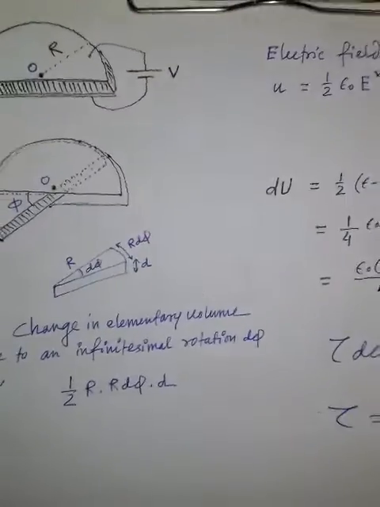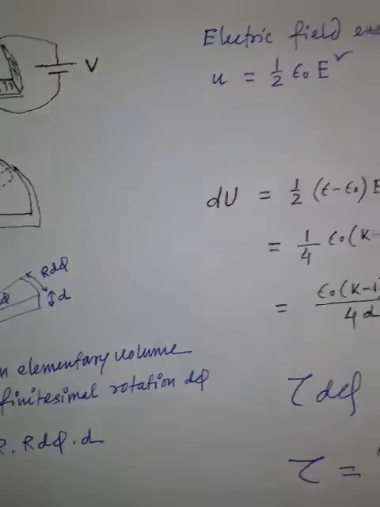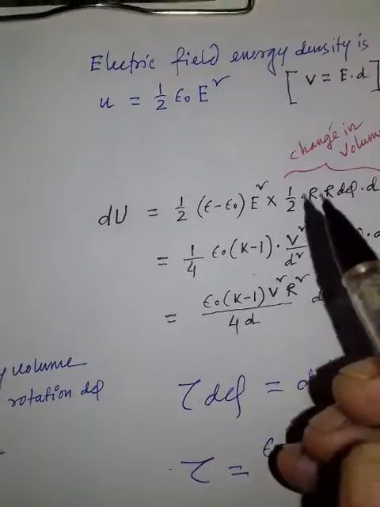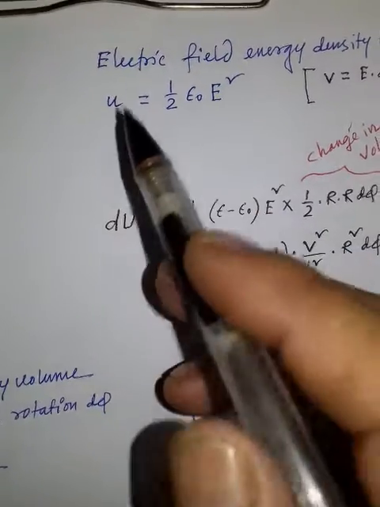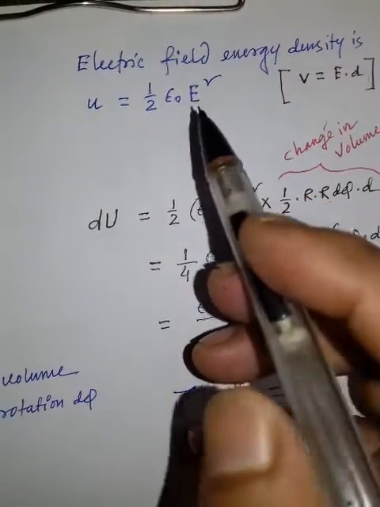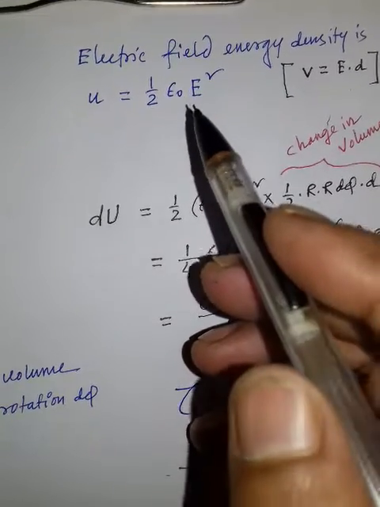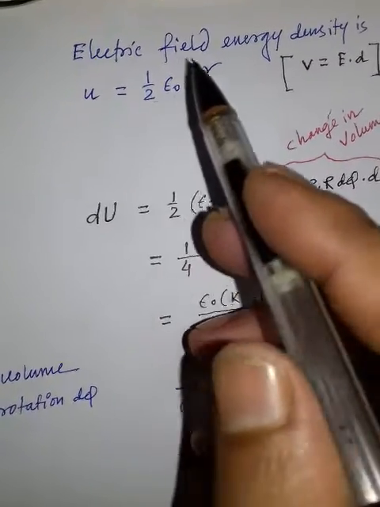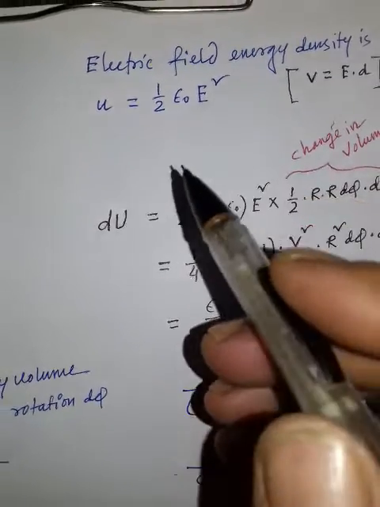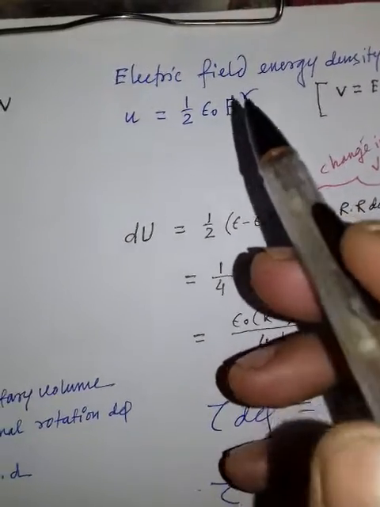Now we know that the energy density of electric field has the form: small u is equal to half epsilon naught E square. That is, energy of electric field per unit volume has the value half epsilon naught E square, where E is the electric field intensity.